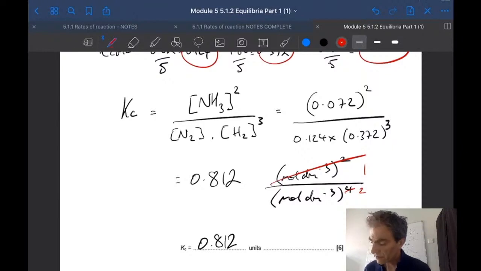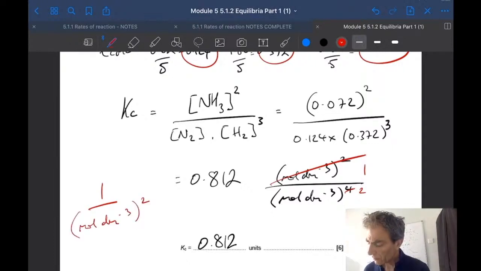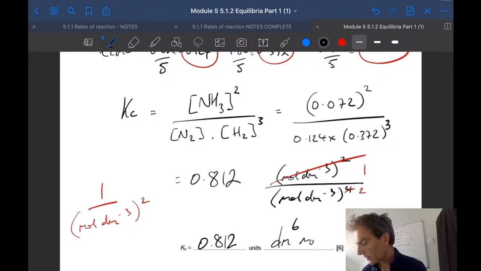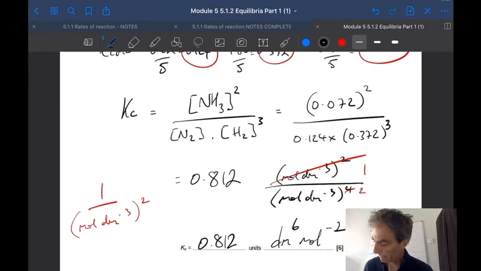So 1 over moles per decimeter cubed squared is what you're left with. So that would be moles to the minus 2 dm to the minus 6 on the bottom. So going up to the top, you're going to get dm to the 6 mol minus 2. Okay. So they're both the calculations, which pretty much were answered very, very well. So well done.